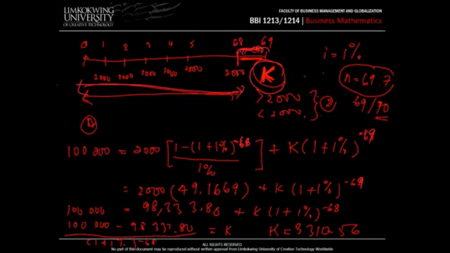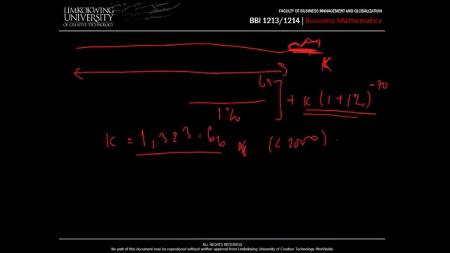Okay, so we are done with the first, we call it the first method. So here, start from 0, it's 41. 2000, start here. And then just now we ended at 69, 68. So 69.7, we round up, it will be 70 months.